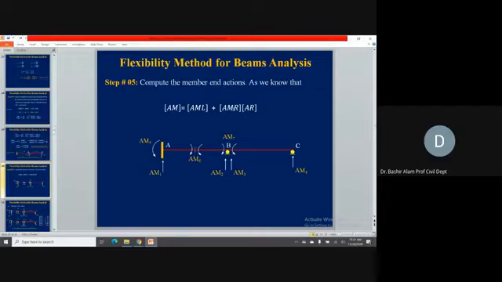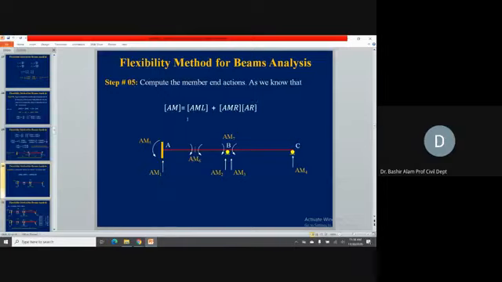The first column will be generated from where we found F11, F21, F31, like those values, the first column of the flexibility matrix. The second column of AMR will be generated where we provide the unit redundant action corresponding to AR2, and from where the second column of the flexibility coefficient matrix was generated, and so on. AR we already found, so now it's simply a matrix operation.